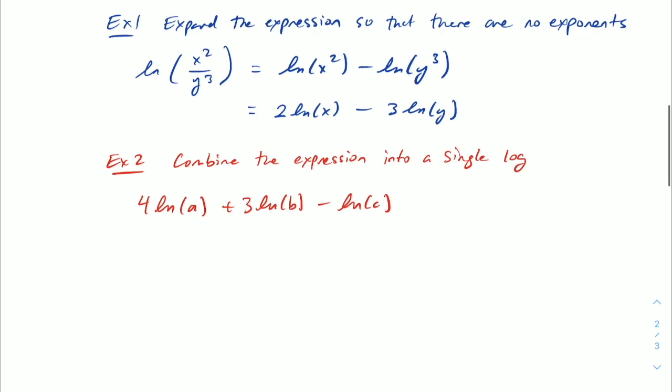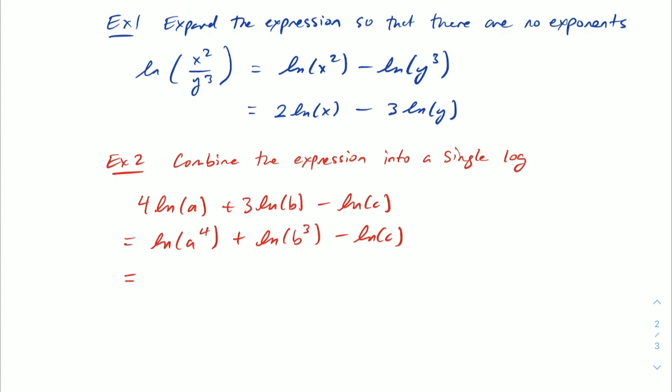Okay, and so we're really reversing what we did in the last problem. We're taking these coefficients and we're going to write them as powers using the third rule. And then we're going to combine these using the first and second rules.